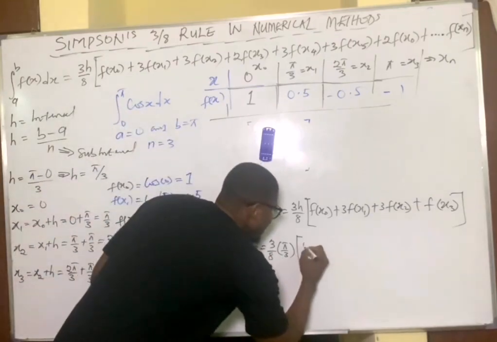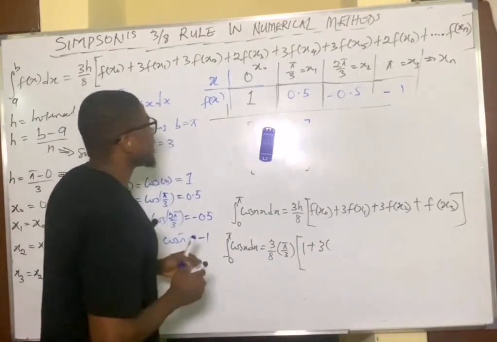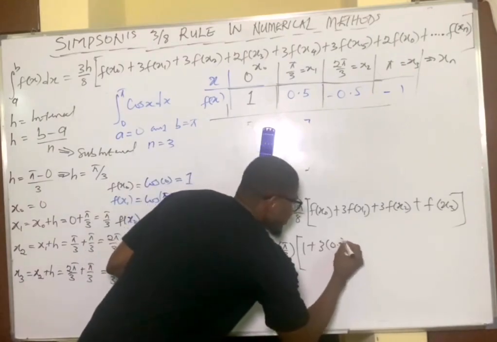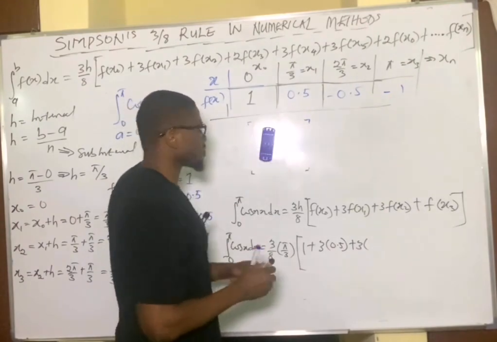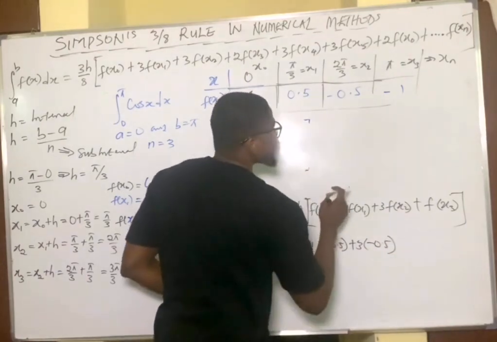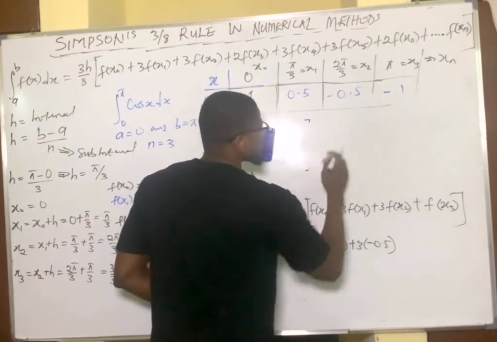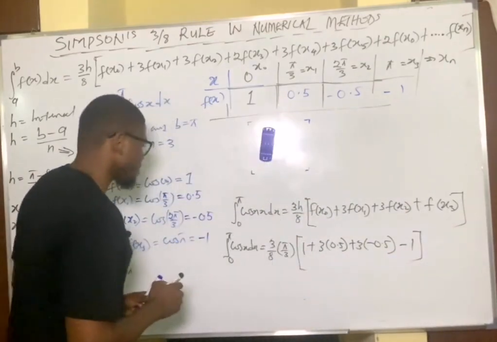So you have 1 plus 3 times f of x1, and f of x1 gave us 0.5. So 3 times 0.5 plus 3 times f of x2, that gave us negative 0.5, minus 0.5, okay, plus f of x3, and that is actually negative 1. So minus 1, and you have this, okay.